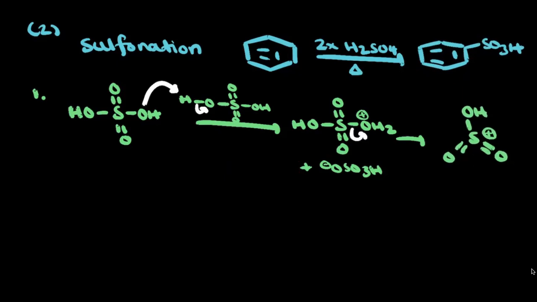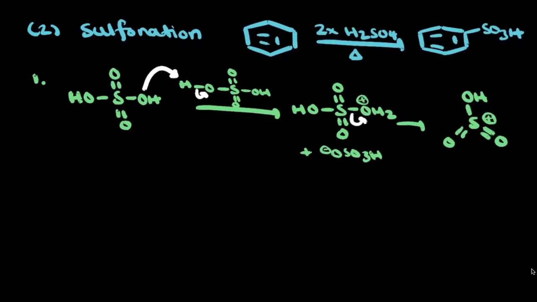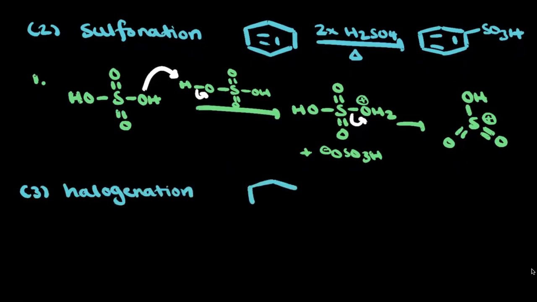Now the next one I'm going to be doing is going to be bromination or halogenation. Okay, so halogenation. There are 2 different ways you can halogenate.